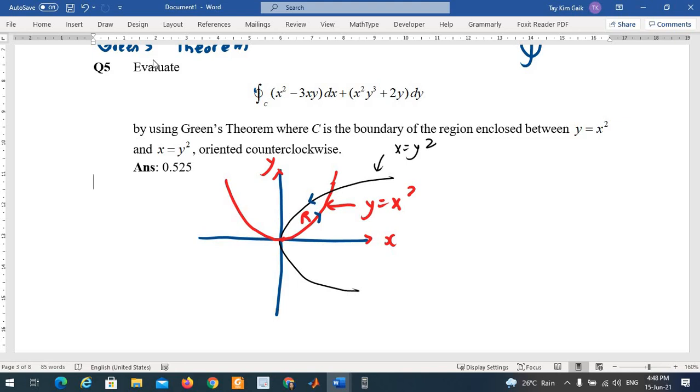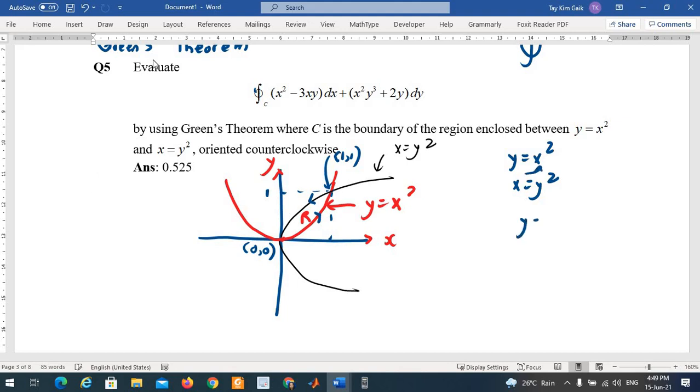So the intersection, of course, from the graph we can see is at the origin 0, 0. And then y equal to x squared and x equal to y squared intersect at 1, 1. Because when you solve y equal to x squared and x equal y squared, we plug in here.